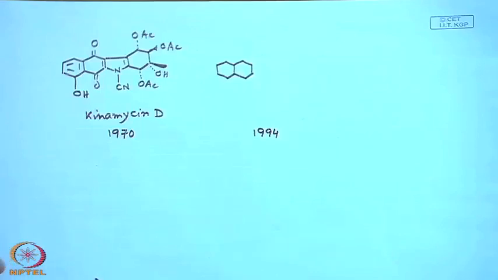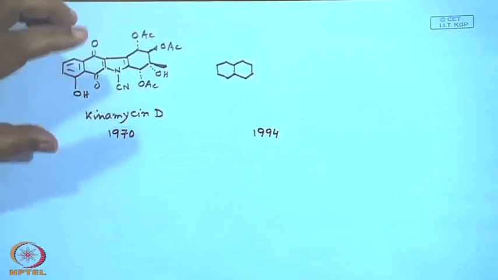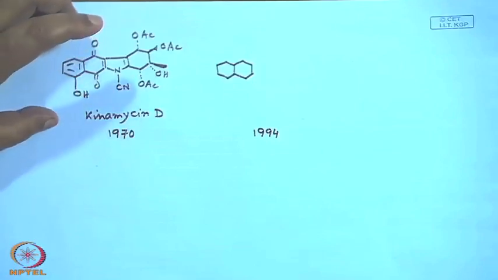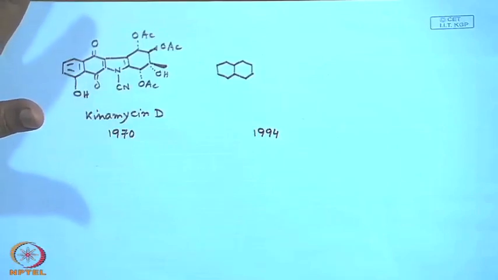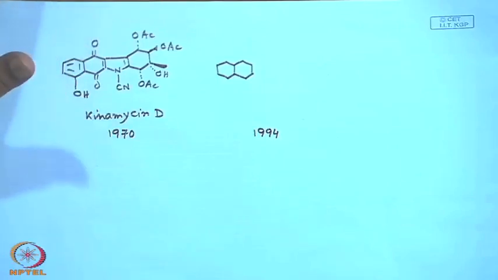CN should be NC, isocyanide. Basically, because the mass is in conformity with this structure. All other functional groups are in agreement. So then what is the problem?